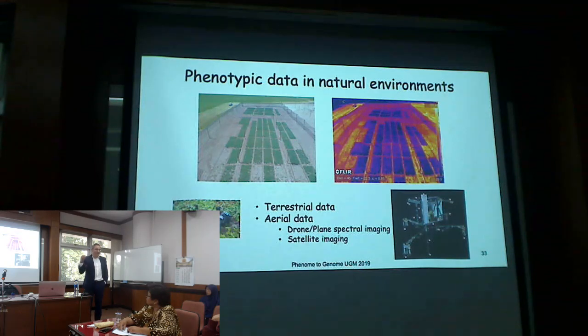The advances are so massive that there is not a single rule of how to collect data. If you look at plants that we grow, there are terrestrial data collectors. This came from a company in the UK. It's a mini robot that runs through a plantation of lettuce, and it may run through millions of lettuce plants.